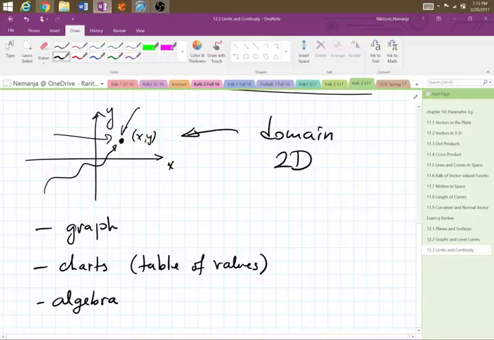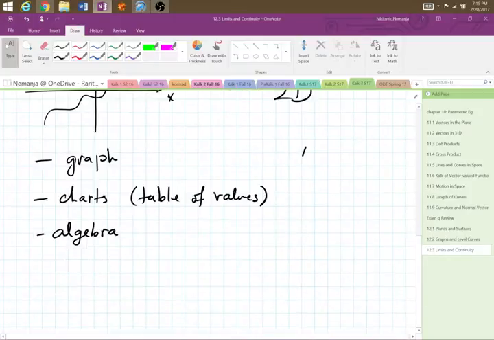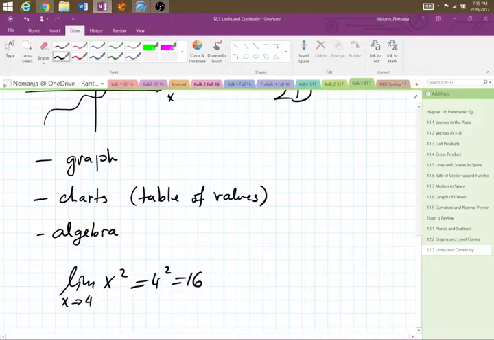Before you do any of these last resort techniques, obviously the first choice is to plug it in, because we know that the limit of x squared as x goes to 4 is just 4 squared, which is 16. In the end, the limit computes the y value of the function.